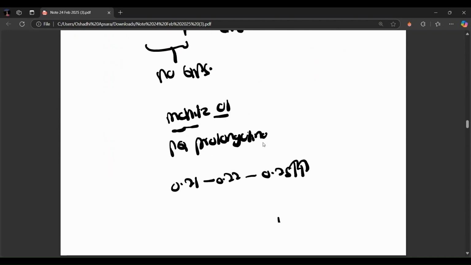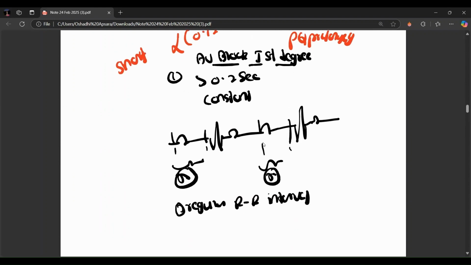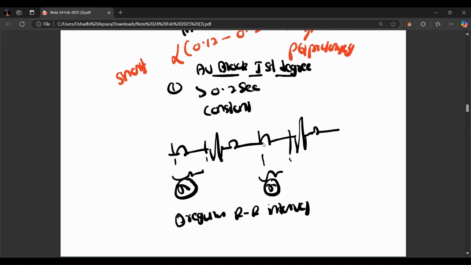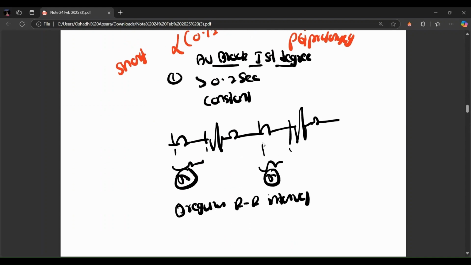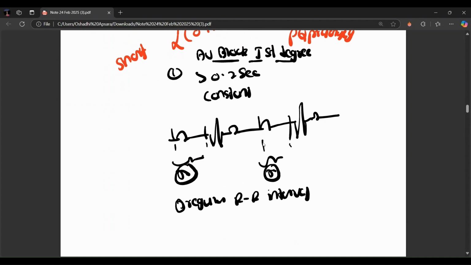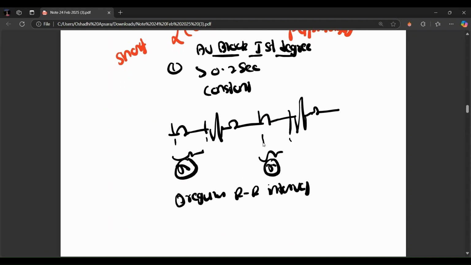First, what is the criteria of AV block first degree? So you take the ECG and first you see the P wave. Okay, the P wave is normal. Next, you see the PQ interval.